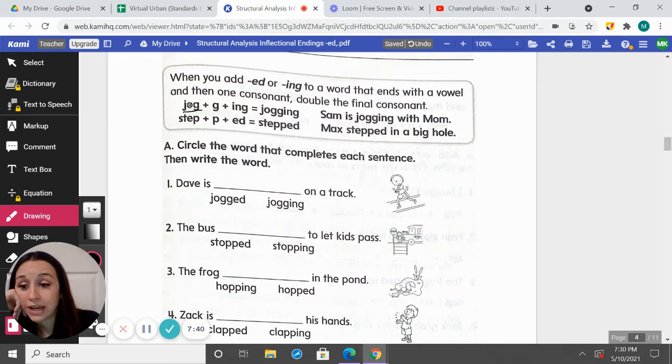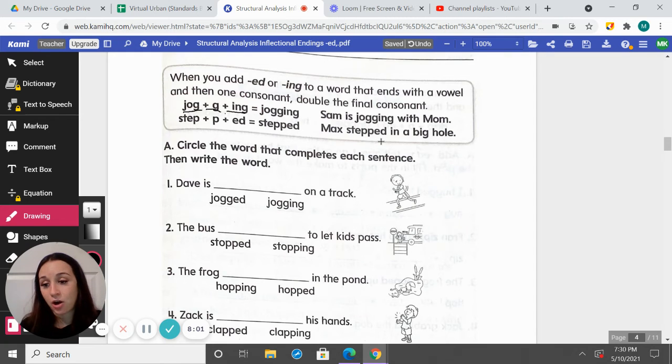So jog, we have a vowel, then a consonant. Well, we double that. So we are going to add another G. Then, since we're making it jogging, she is jogging, we would add our ing. Jogging. Sam is jogging with Mom.